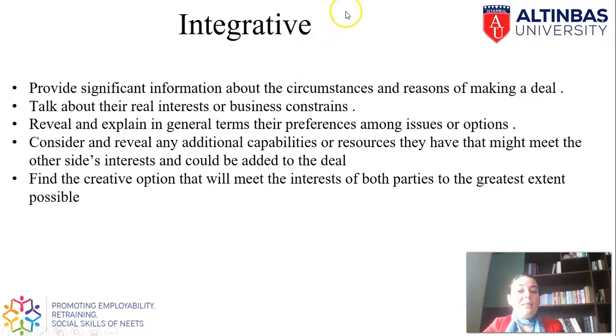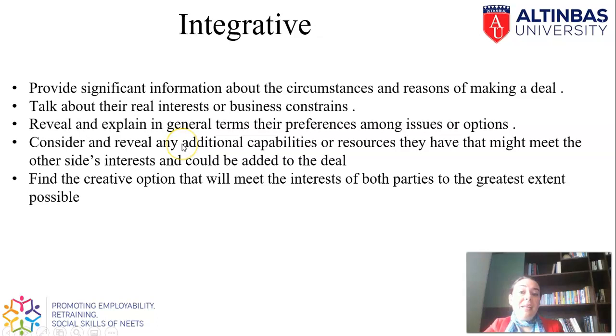So providing significant information in integrative negotiations is important: about the circumstances, the reasons, and the motivations for making a deal. Talking about the real interests and business constraints is important. Reveal and explain in general terms your preferences among issues or options.